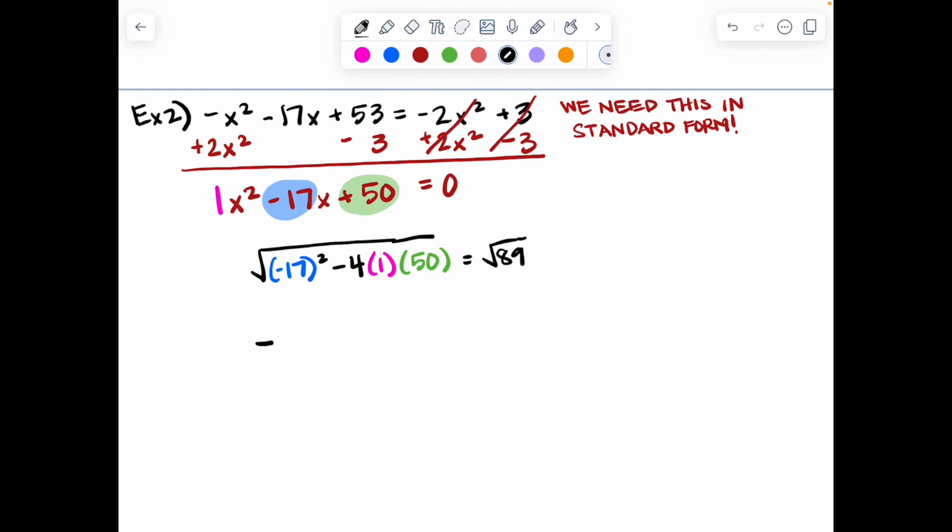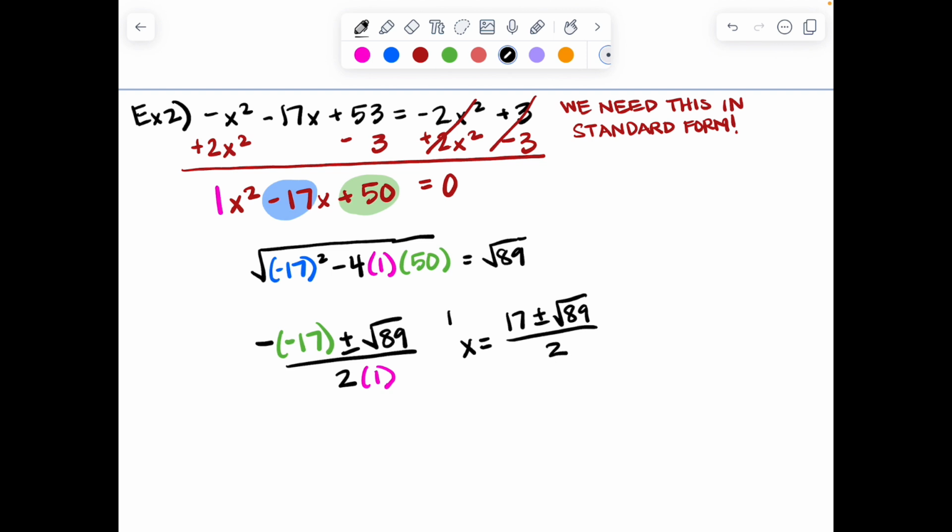So that would be negative 17, which is just going to make it positive. Let's do plus or minus the square root of 89 over 2 times 1. So my answer is going to be 17 plus or minus the square root of 89 over 2.